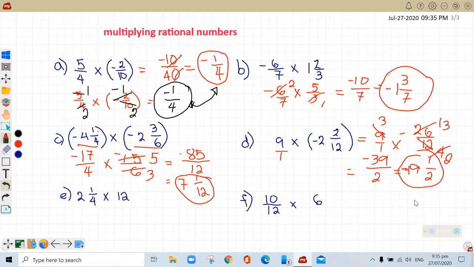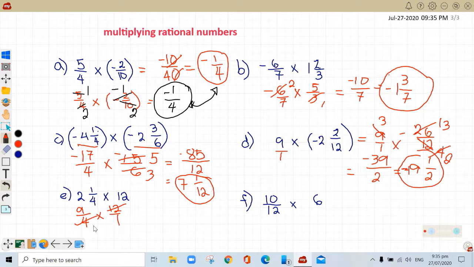Okay? Next, this time it's the same, a mixed number and a whole number. So again, we're going to change this to an improper fraction. So that will be 2 times 4 plus 1, that will be 9 over 4 times 12 over 1. Again, we can do cancellation here by 4. So let's divide 4 and 12 by 4.